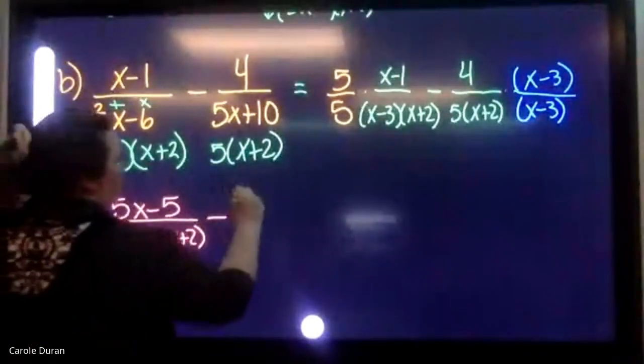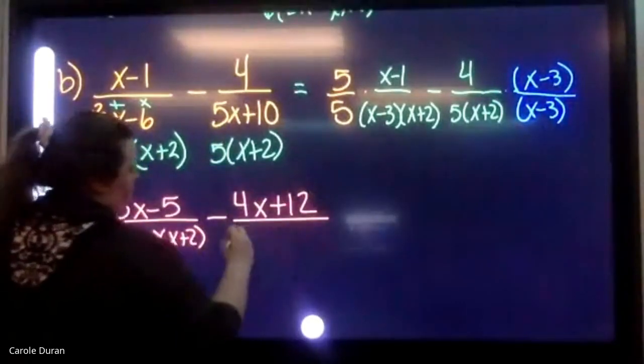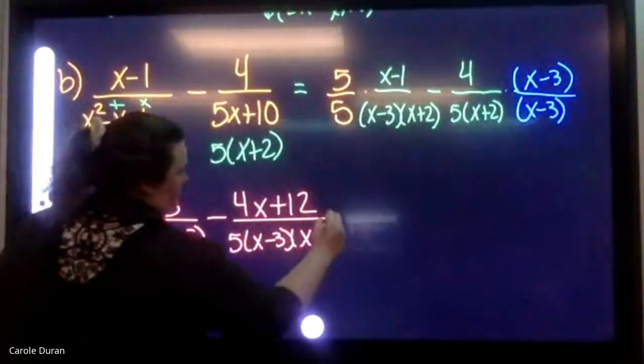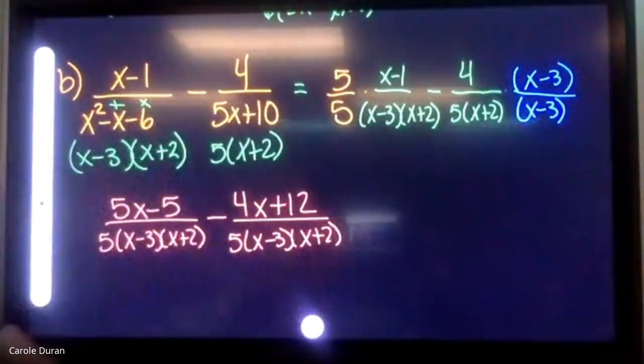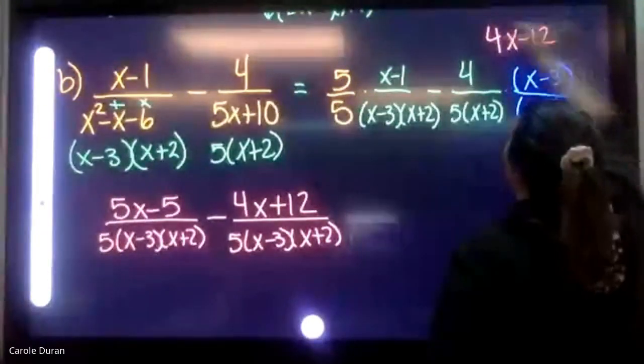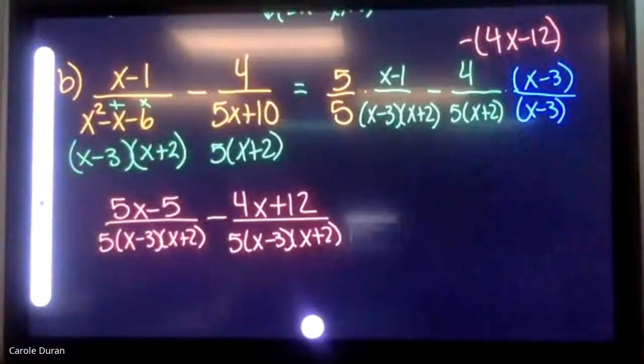Minus 4x plus 12. No, it would be plus. When I distribute the 4 in, it's going to become 4x minus 12, but it's minus. So that negative has to distribute.